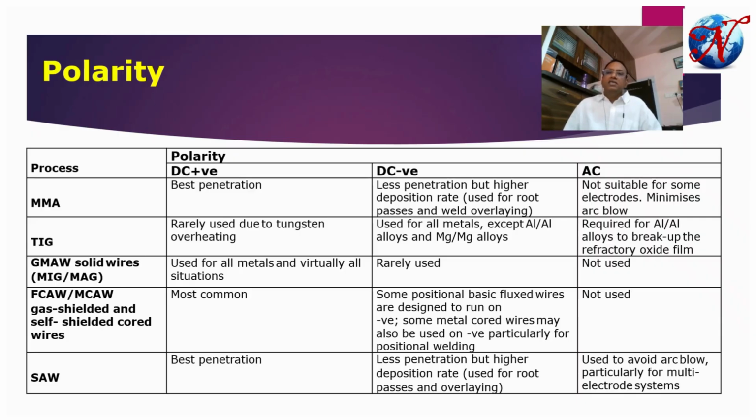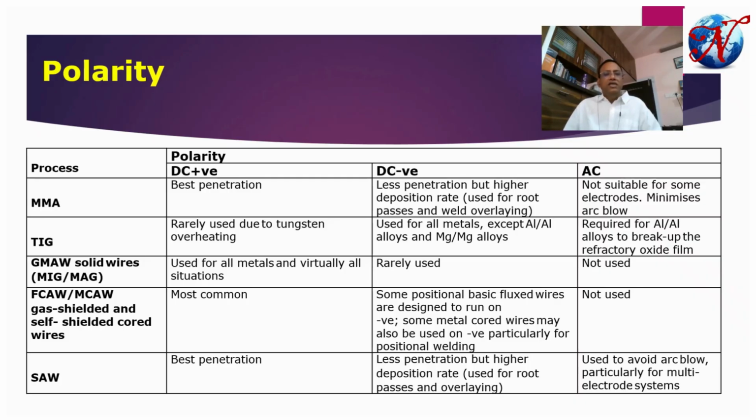AC welding is generally recommended for aluminum and aluminum alloys to break up the refractory oxides. In the case of GMAW solid wire welding like MIG and MAG, generally direct current electrode positive is used for all metals and is suitable in all positions. Direct current electrode negative is rarely used, and AC is also not used.